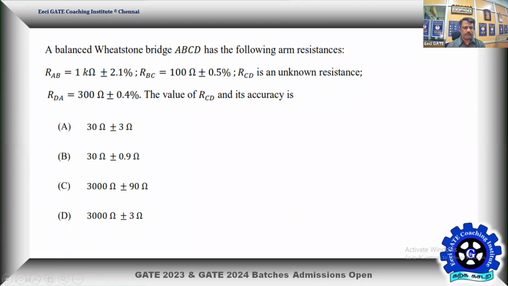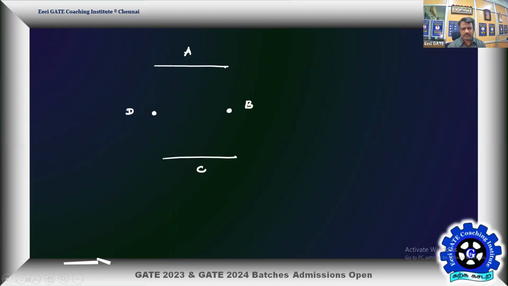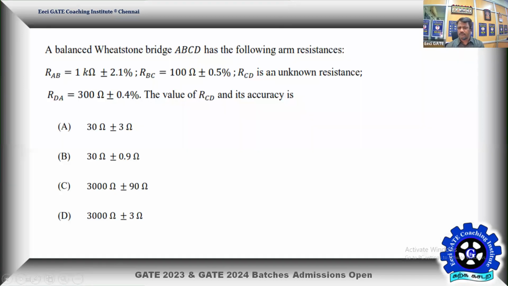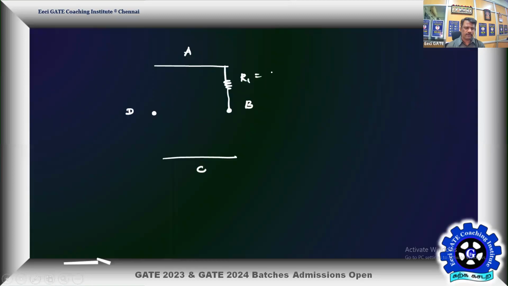A to B is 1 kilo ohm. I'll call that resistance R1. Instead of a bridge, I'll go for two potential dividers. That's also fine. R1 is 1 kilo ohm plus or minus 2.1% tolerance.